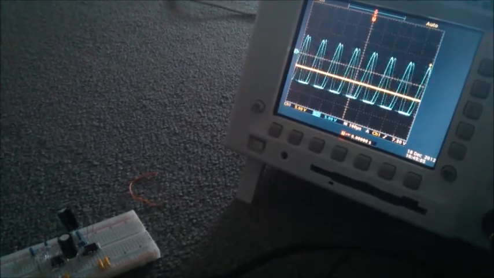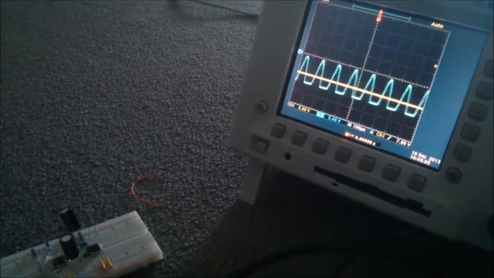As the input voltage to the light theremin section of the circuit is going down, the oscillations are also decreasing. So as the brightness decreases, as I put my hand over it, the frequency of the oscillator decreases.